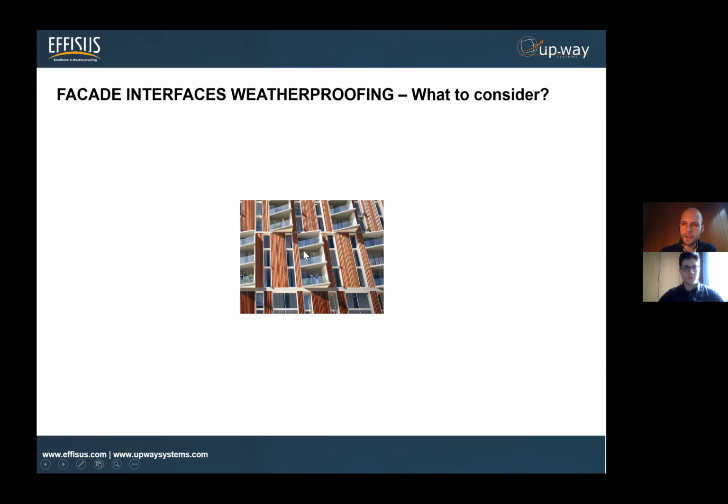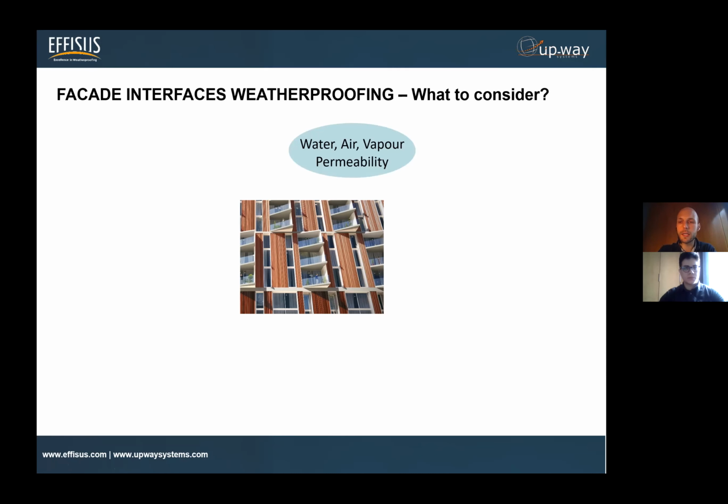So interfaces are there for sure, and we need to take care of them. But when we have a very nice looking building like this one, what are exactly the requirements that we should take into consideration when designing or developing interface performance? So water, air, and vapor are for sure one of our priorities.